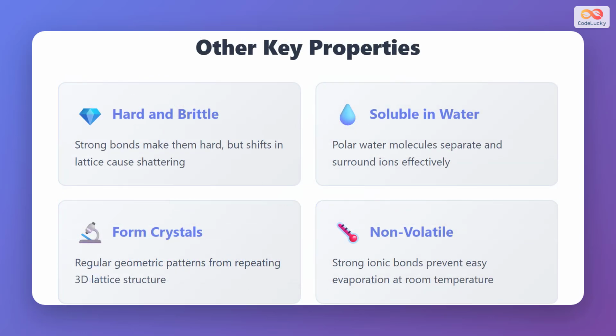Beyond high melting points and conductivity, ionic compounds possess several other important properties. They are hard and brittle. The strong ionic bonds make them resistant to deformation, but when force is applied, layers of ions can shift, causing like charges to repel and the crystal to shatter.